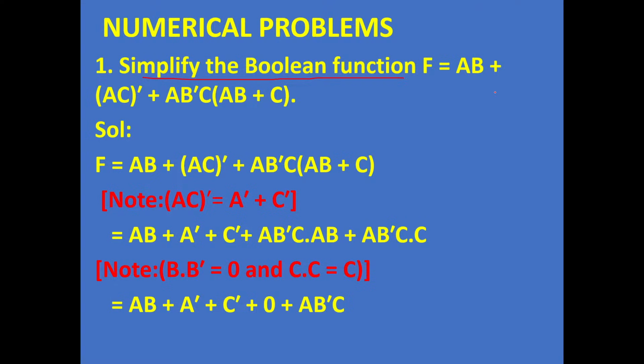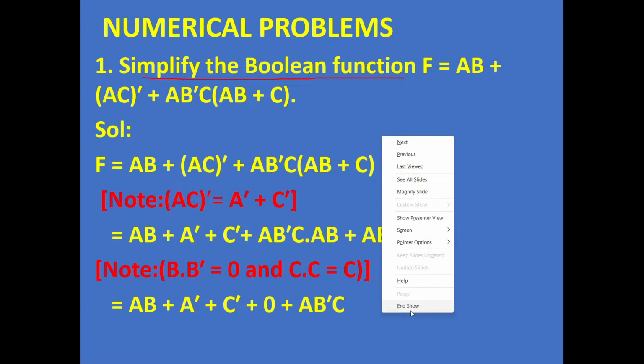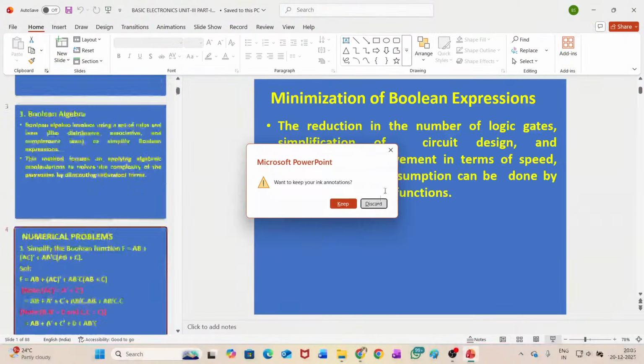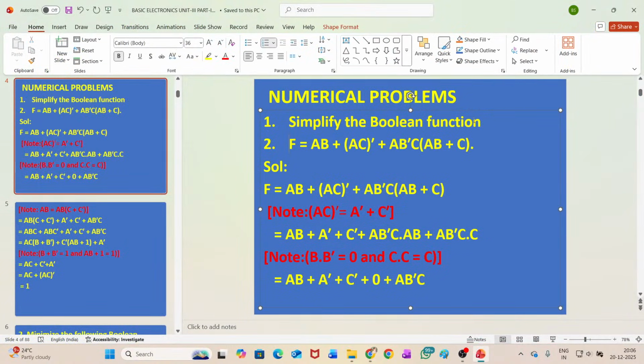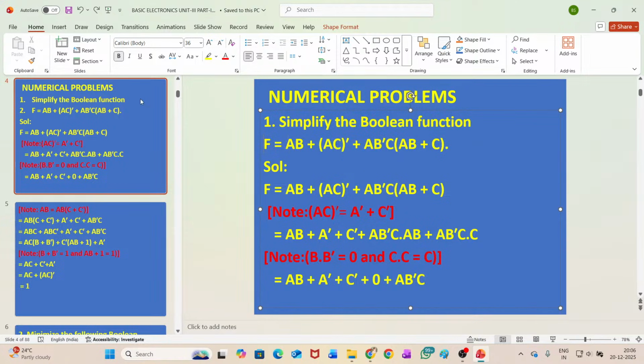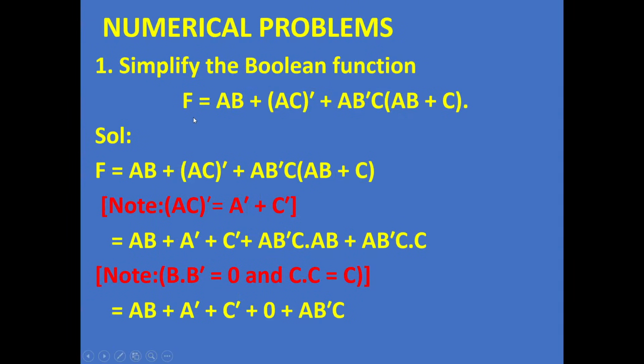F equal to AB, one second, I will just modify this. This is our function. So the function is F equal to A into B plus A into C whole bar.